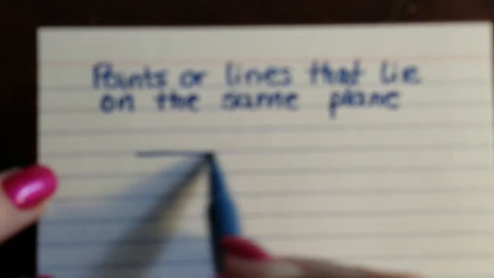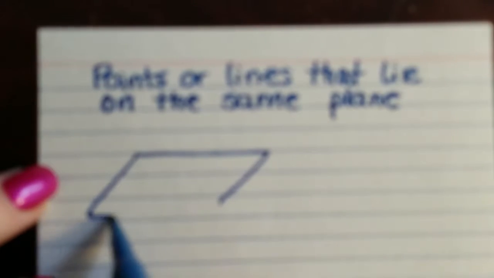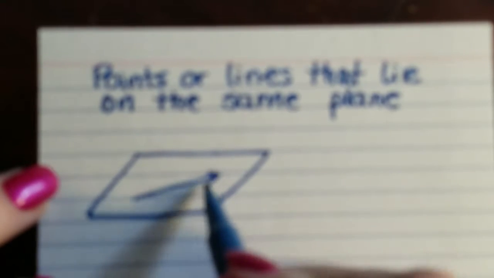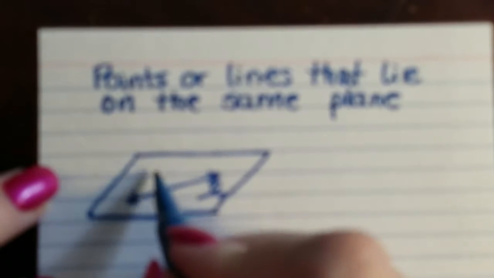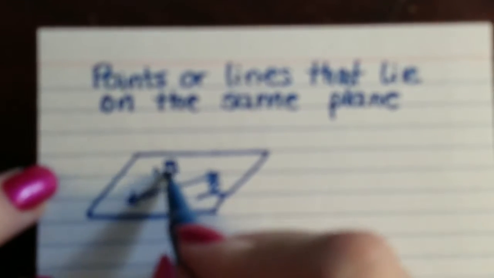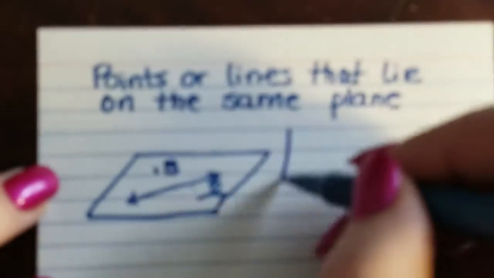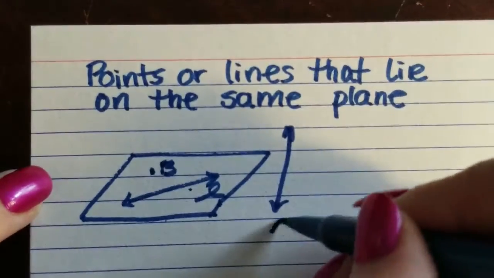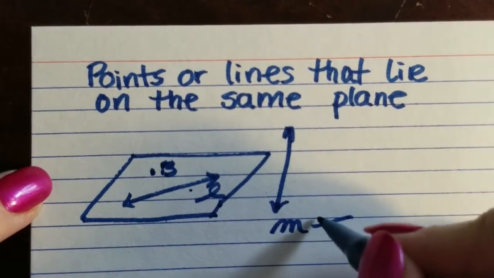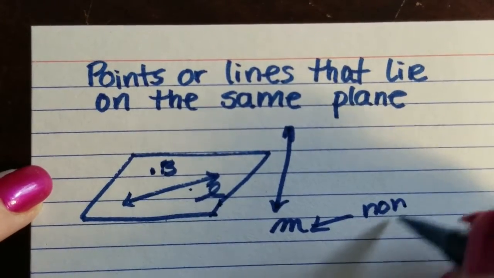So if I have a plane and I have a line on that plane and a point B, I could say that point B and line L are coplanar. If I have a line out here, this would be non-coplanar.